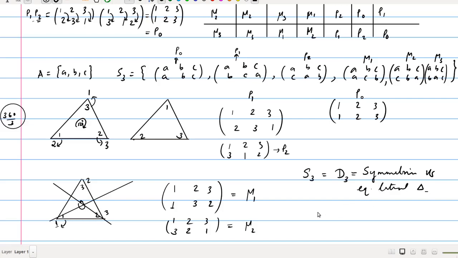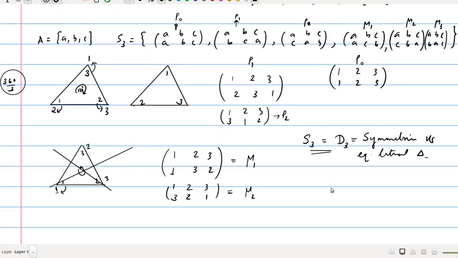So S3 has another representation as D3. In a similar fashion, you can consider D4 also. So this is one of the important examples of permutation groups.